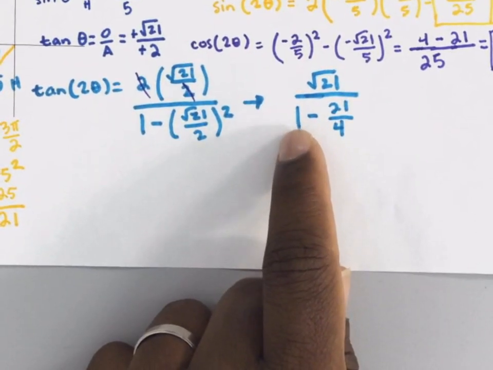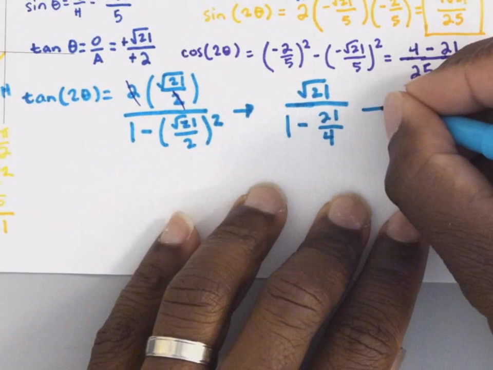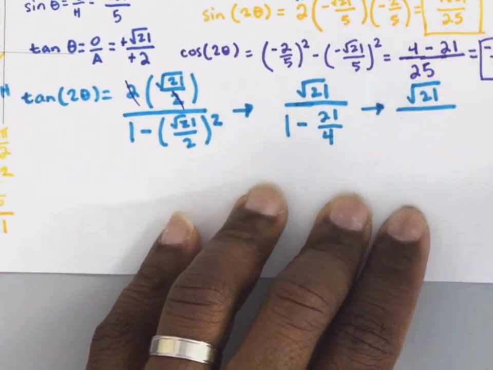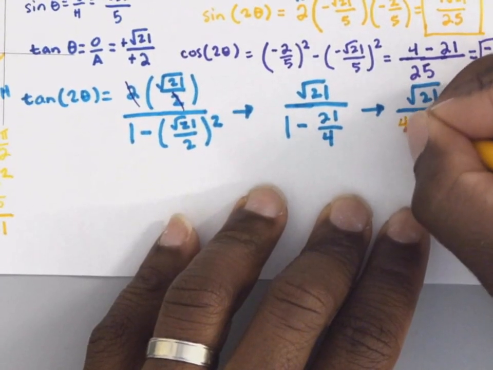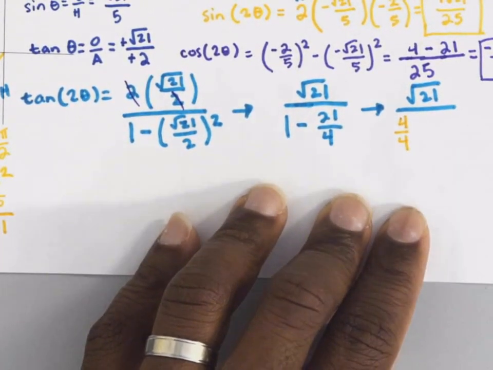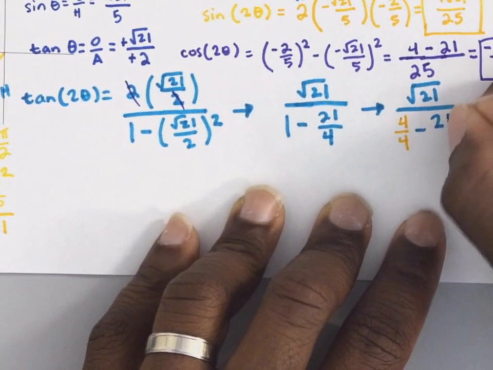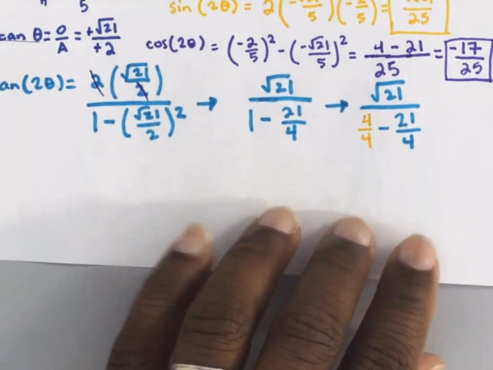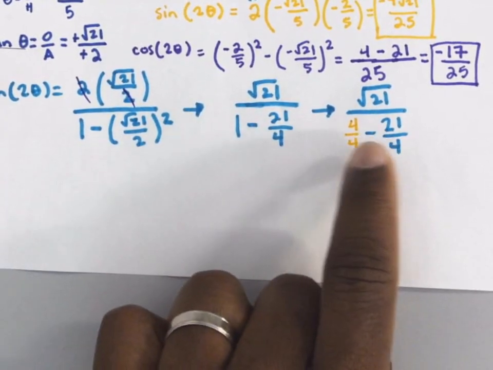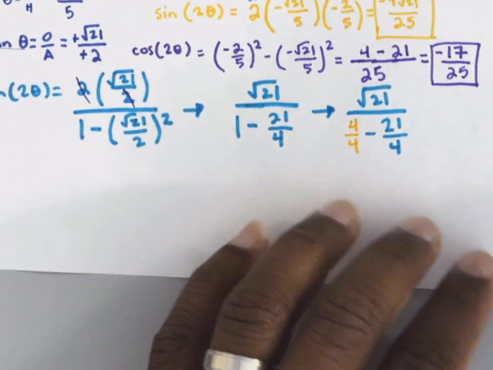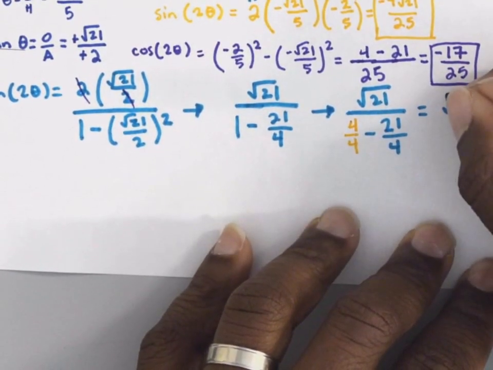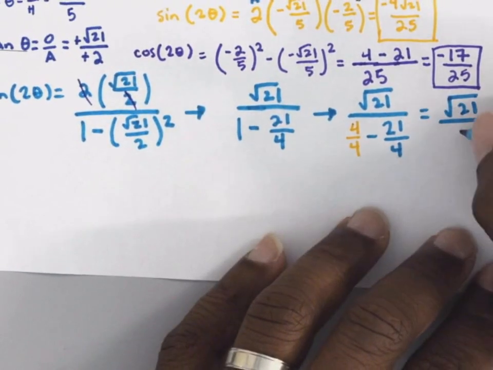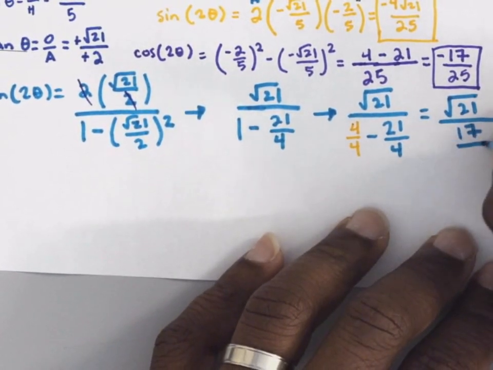So I'll rewrite 1 as 4 over 4. Then I can subtract these 2 numbers. So 4 minus 21, 17 over 4.